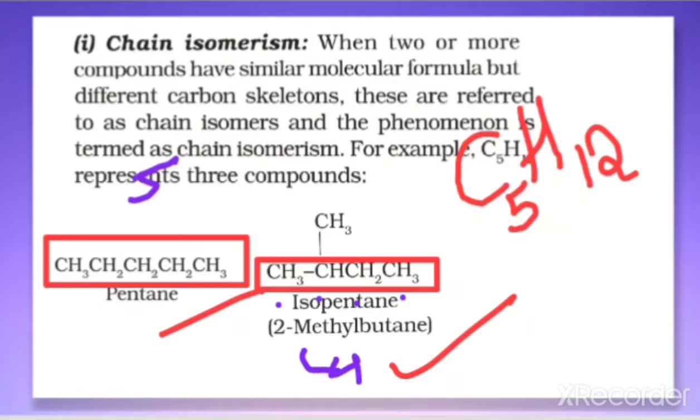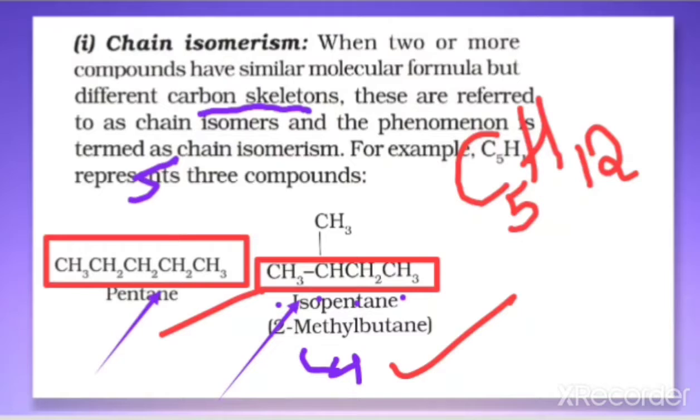That means there is a difference in the carbon skeletons, or a different number of carbon atoms in the main chain. That's why it is called chain isomerism. Why is it called chain isomerism? Because there is a difference in the number of carbon atoms in the main chain.